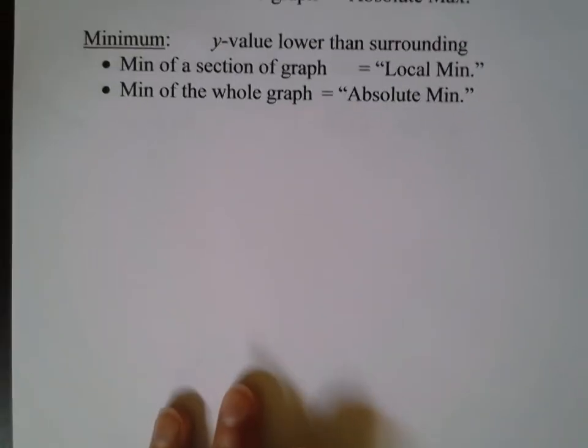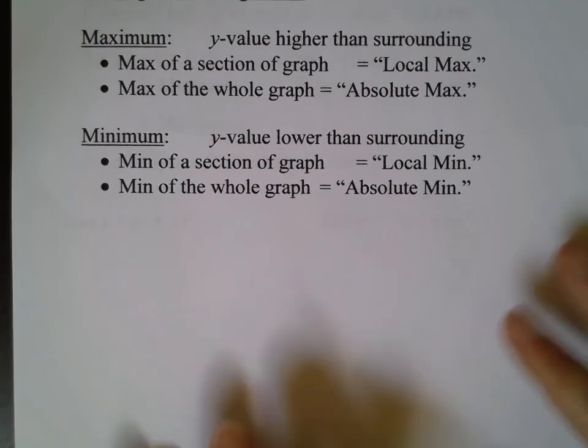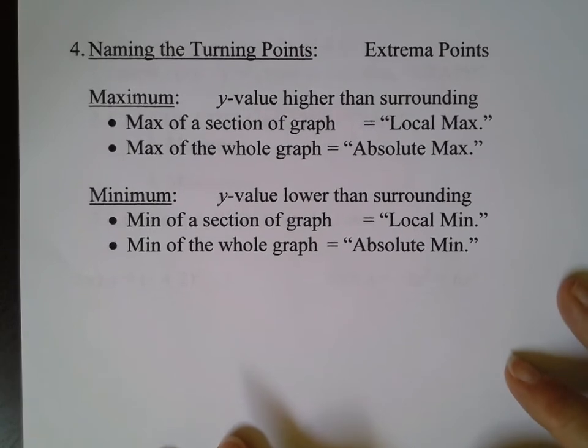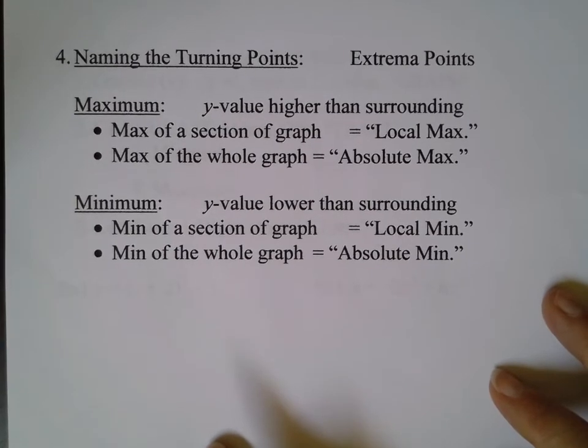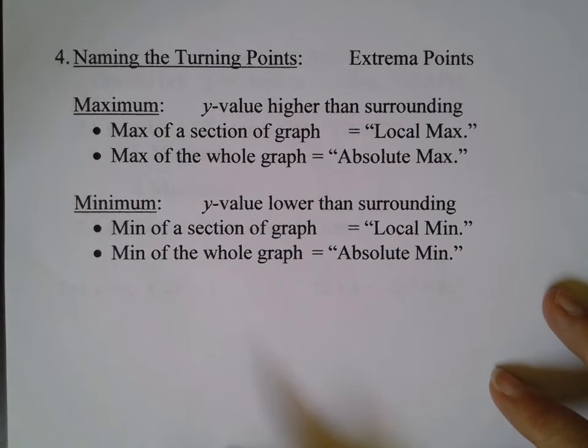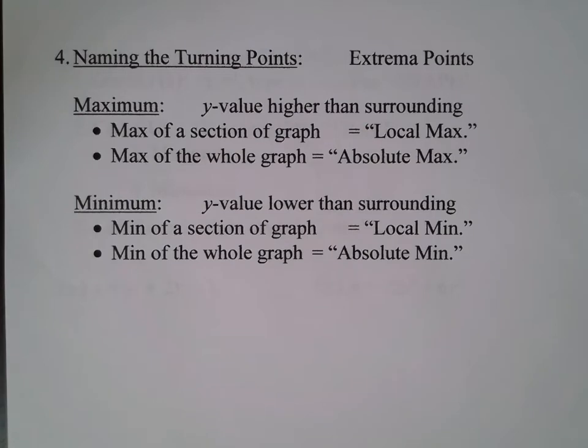Okay, so now we've talked about the multiplicity and we've sort of integrated all those parts. The last thing is to look at the turning points. We talked about what a turning point was at the very beginning of the last video, right? This is where the graph makes a turn, clearly. And we said it's going to count as a turning point if it changes from increasing to decreasing or vice versa, right?